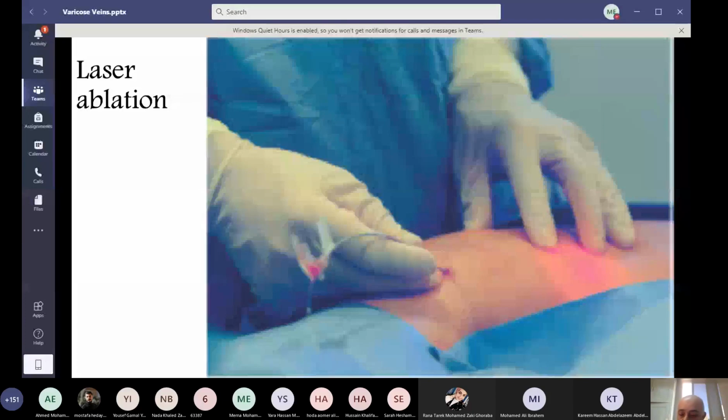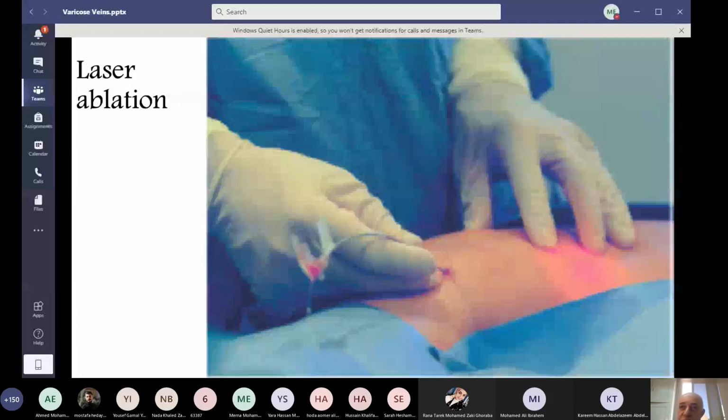This is the knee joint of the patient. We put what is called an access sheath. Access sheath will be explained and discussed with you during the endovascular session, which we schedule later on. This is the sheath.